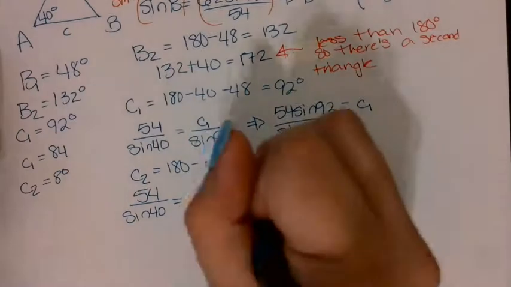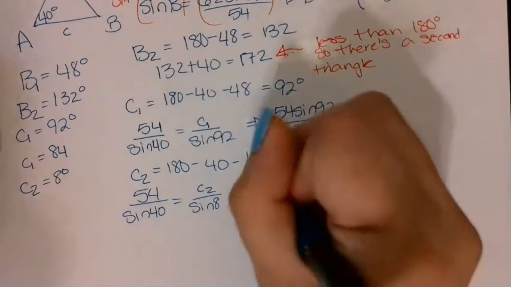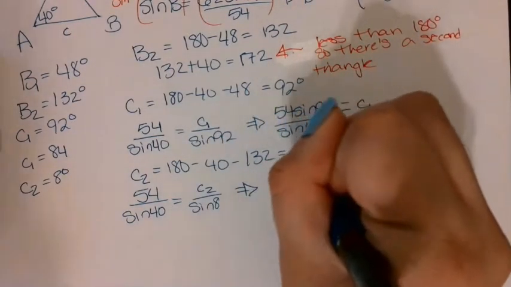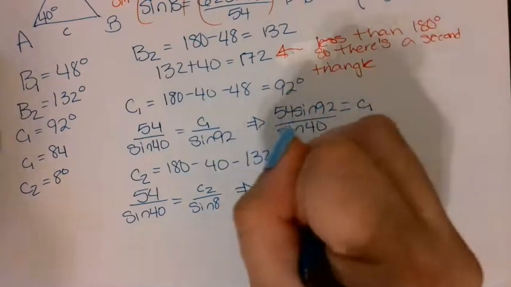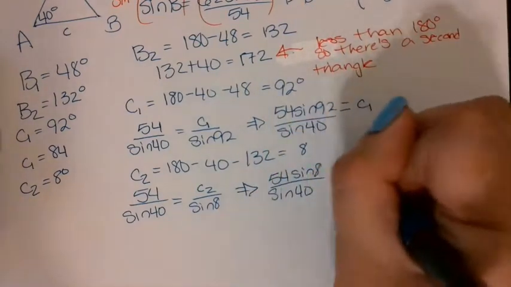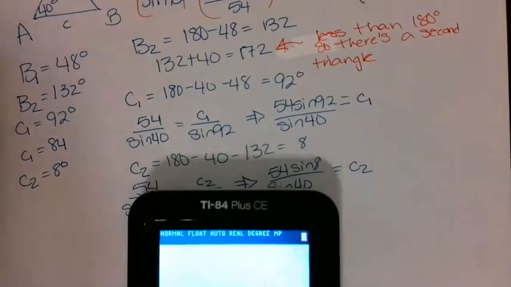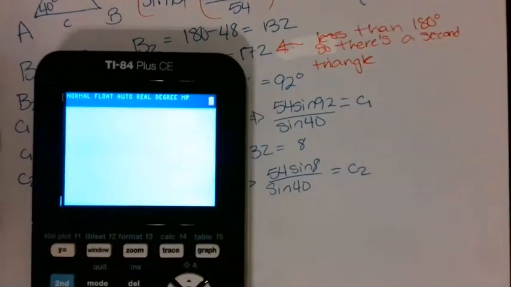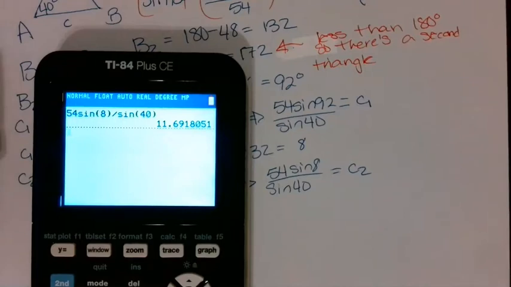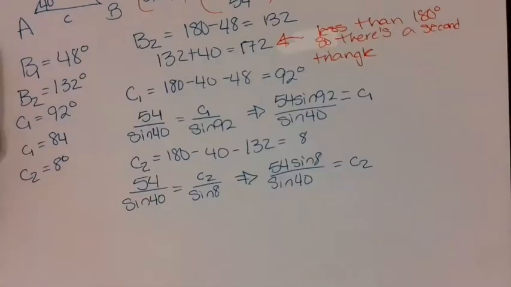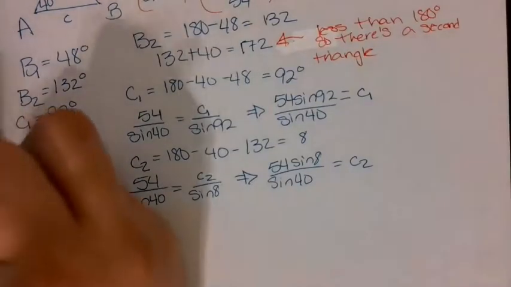I want to multiply both sides by sine of 8 to get rid of it. So I have 54 sine of 8 over sine of 40 equals c2. Then I want to type that into the calculator. 54 sine of 8 divided by sine of 40 gets me 11.7. So my little C2 value is 11.7.